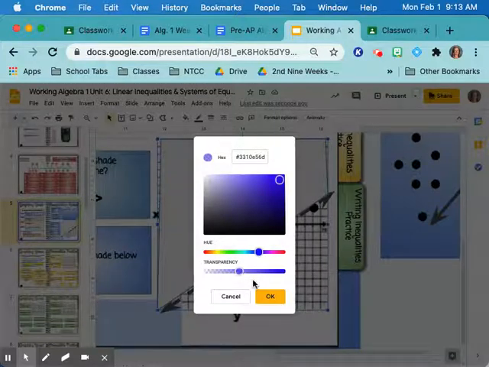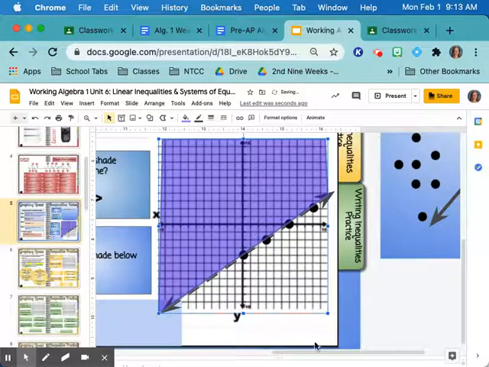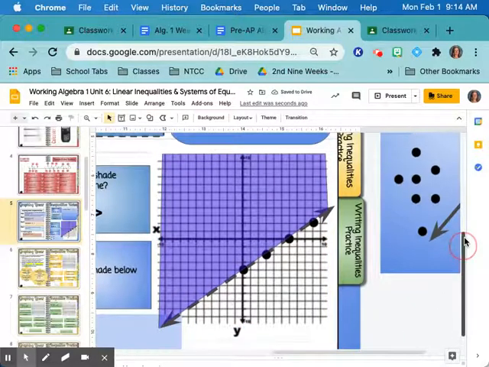Put the transparency about here. Change it to blue or whatever color you want. It doesn't matter. Push OK. Look how pretty that looks. And I think you can adjust it a little bit. Like you can pull on these sides, pull down on that. Isn't that cool? I think it's cool. Y'all might not, but whatever.